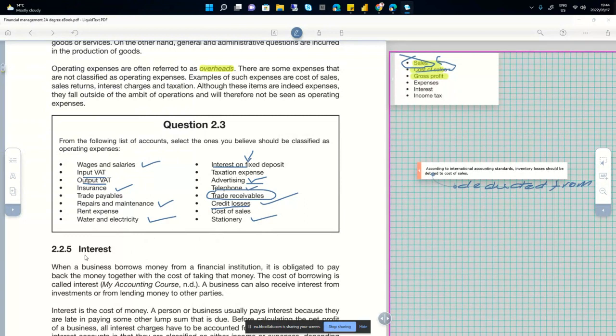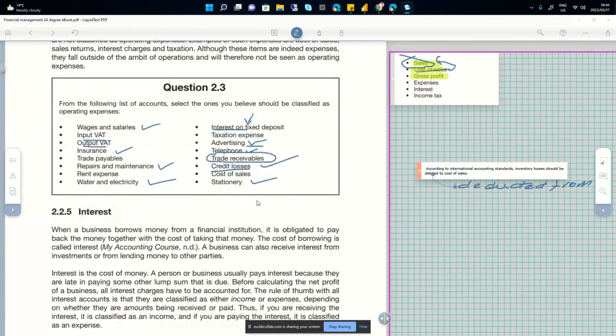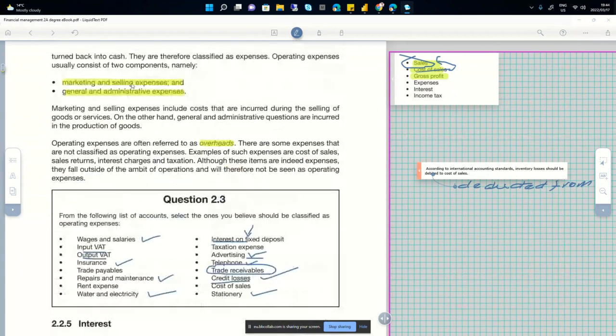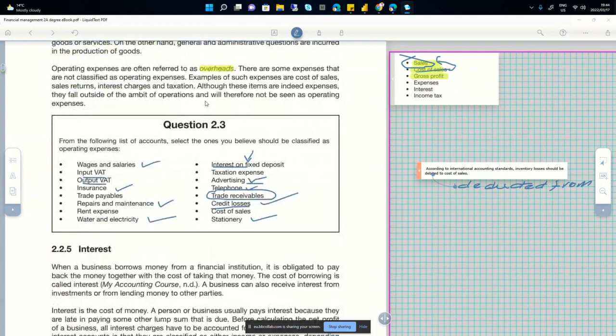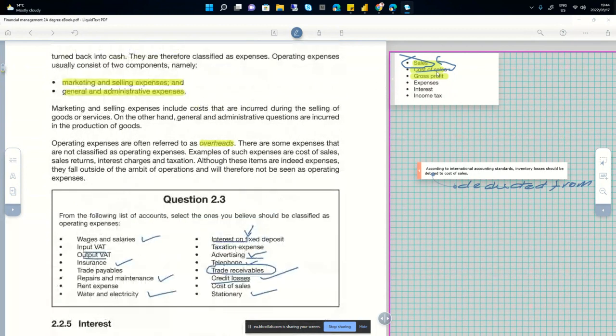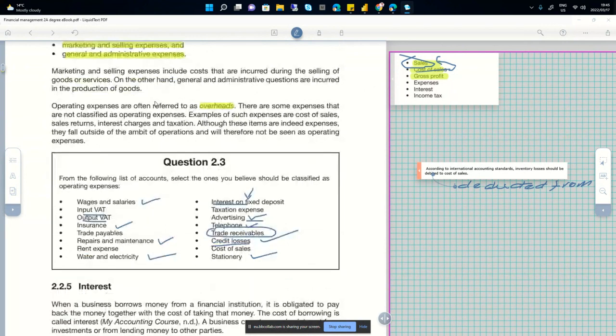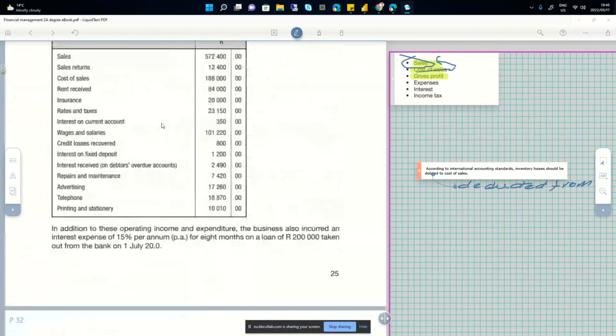You need to make a difference between an interest expense and an expense for the business, a marketing and selling expense, or a general and administrative expense. I will make the difference clear to you. This is a financial expense, and the normal expense is either a marketing and selling expense or a general and administrative expense. I trust that that is clear to everyone.